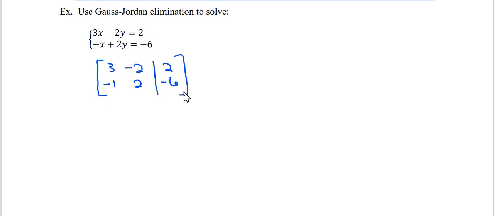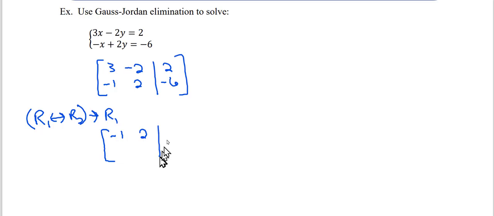What I would do here, because I don't like working with fractions if I don't have to, I would switch row 1 and row 2 and put that in row 1. So -1, 2, -6, 3, -2, 2.